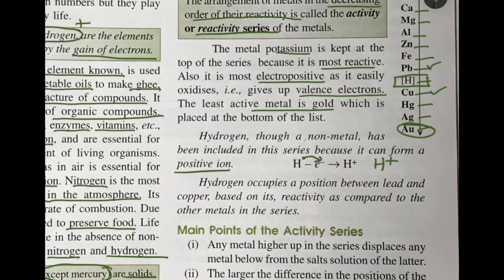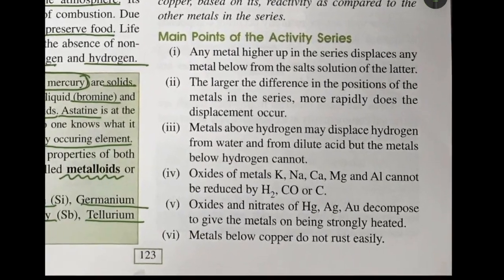Why? Because zinc is higher in the activity series. But if it is zinc sulfate plus copper, there is no reaction; if it is copper sulfate plus zinc, then zinc can displace copper because copper lies below it in the activity series.